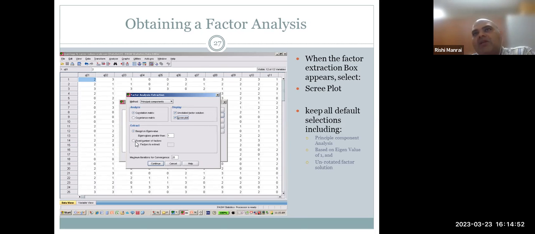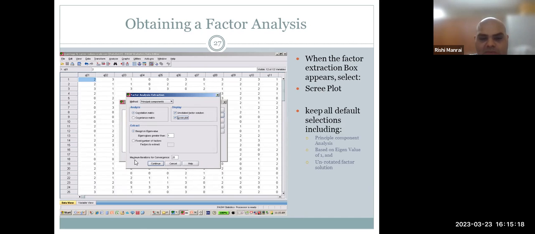Let's say I cannot work on more than 2 factors, or more than 3 factors. In that case, you will choose the second option. But it is always advised to allow the factor analysis to make its own factors on the basis of the eigenvalues. So I will always choose the first option, based on eigenvalue.